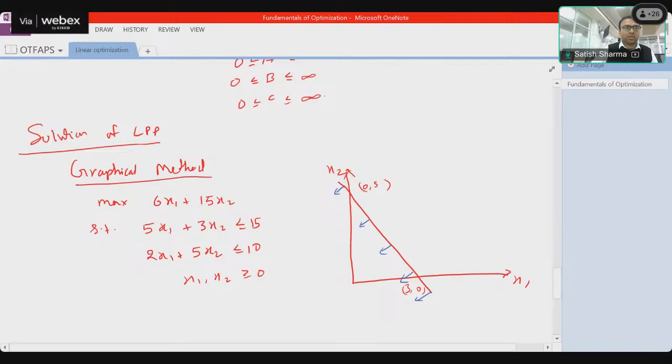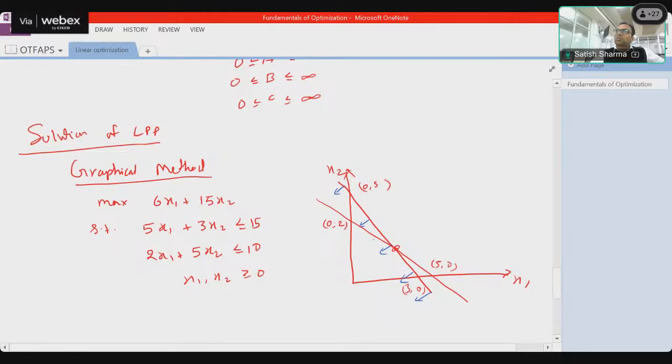Now if I draw another line for the second condition, like this one, I'm not able to draw it perfectly, so it is only up to scale. Let's say this is 5 comma 0, and this is 0 comma 2, and we have some cross sectional points.